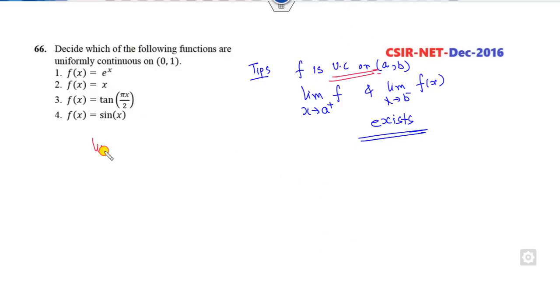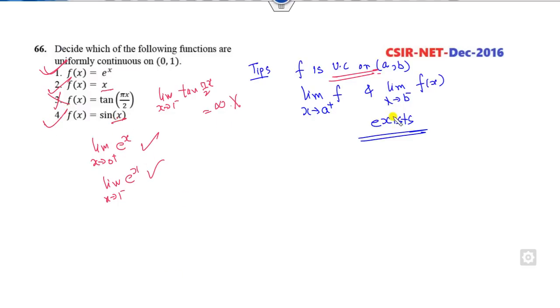So look at that: the limit as x approaches 0 positive and 1 minus of f(x) both exist. Correct option. The limit as x approaches 1 minus of tan(pi x by 2) goes to infinity and does not exist. The limit at 0 positive exists, at 1 minus exists. They are simply saying exist. Whether they are equal or not is not a big problem. So the right answers are A, B and D.